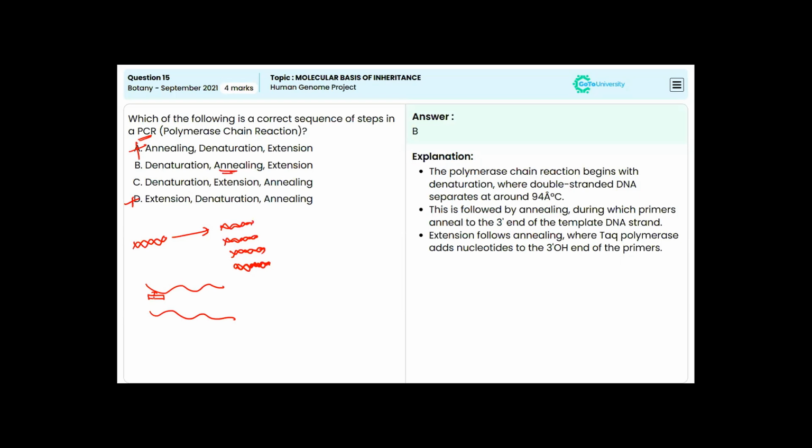Now once annealing is done, the primer is added, which means it annealed to the DNA strand, then they extend. That means they'll be adding the nitrogenous bases, adenine, guanine, thymine, cytosine, like that. So extension will be happening. That is the third process. So it starts with denaturation, then annealing and extension. So option B is the correct answer.